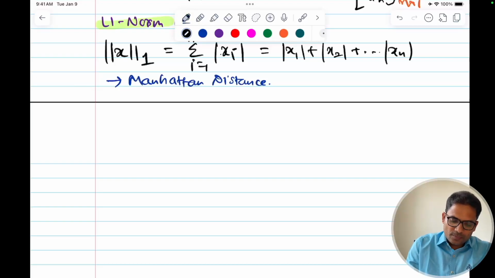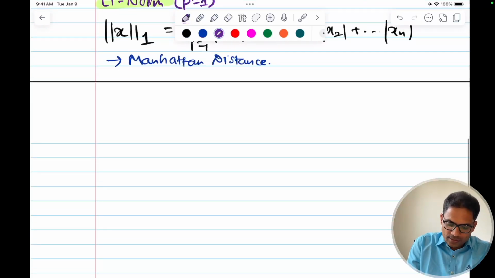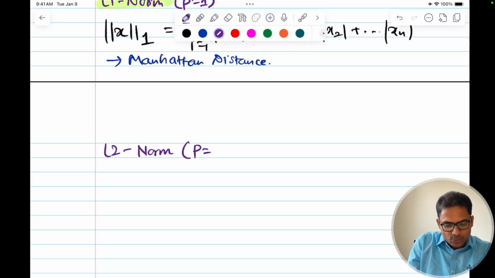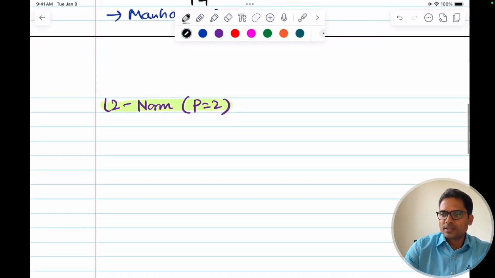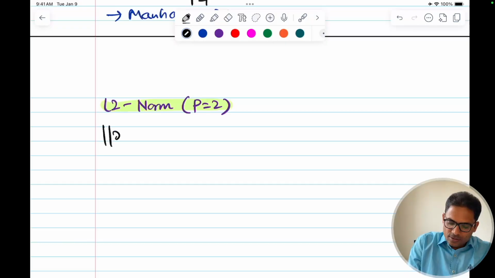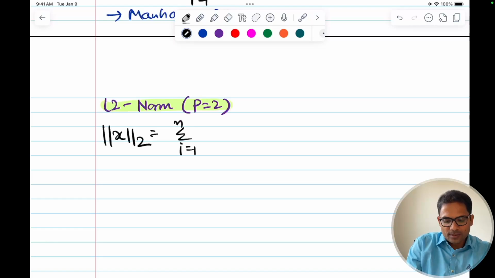Then the next, more common one that is most frequently used, is the L2 norm. When you put p equal to 2, it is the most familiar, and you must have seen this, denoted as the norm of x with subscript 2. This is equal to sigma i equal to 1 to n of mod xi whole squared, to the power half.